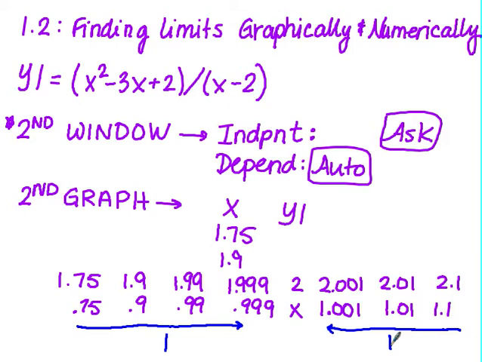Okay? A limit is what a graph approaches as it gets closer and closer to a specified value. In other words, what does a limit do? It describes a graph's behavior at a specific point. I'm going to say that again because it's pretty important.